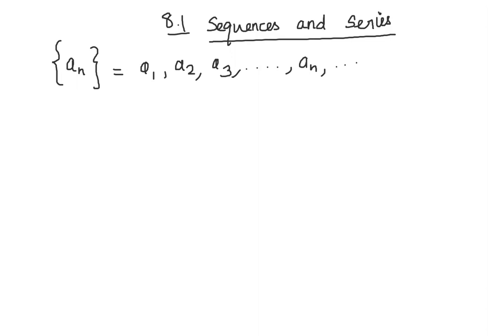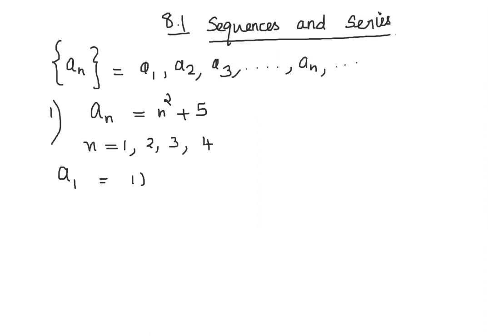Now, write the first 4 terms of the sequence defined by the nth term. We are given the nth term, which is an equals n squared plus 5. So we have to find the first 4 terms of the sequence. In that case, we have to plug in n equal to 1, 2, 3, and 4. So A1 is going to be 1 squared plus 5, which is going to be 6.